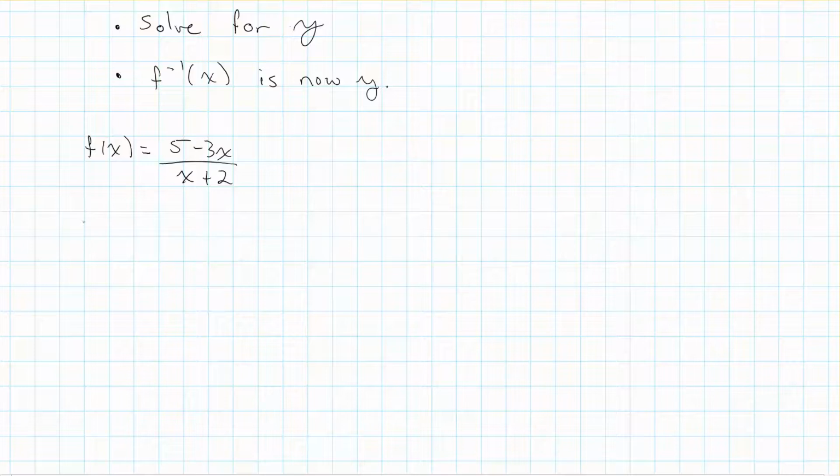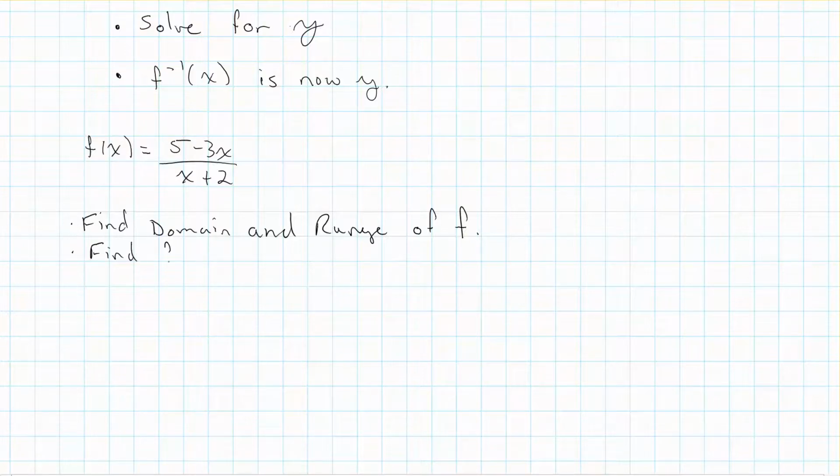We're going to find the domain and range of f, find f inverse, and then find the domain and range of f inverse. And we'll probably do 2 examples here.